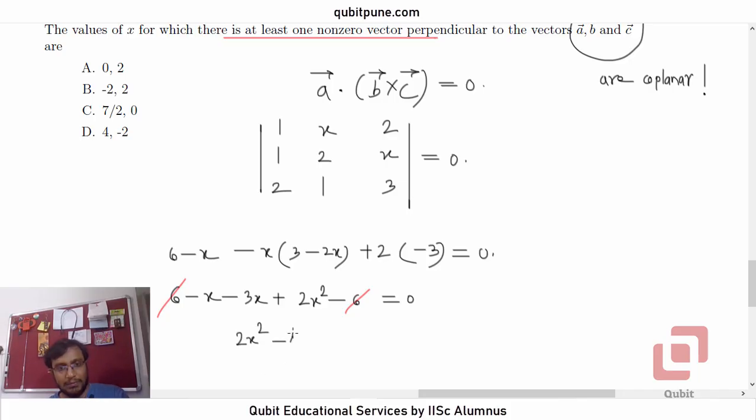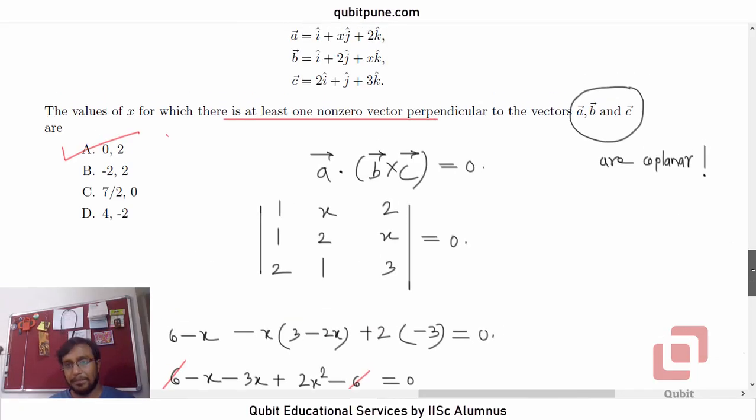So this will be 2x squared minus 4x equal to 0. Take 2x common: x minus 2 equal to 0. So either x is 0 or x is 2. That is option A.